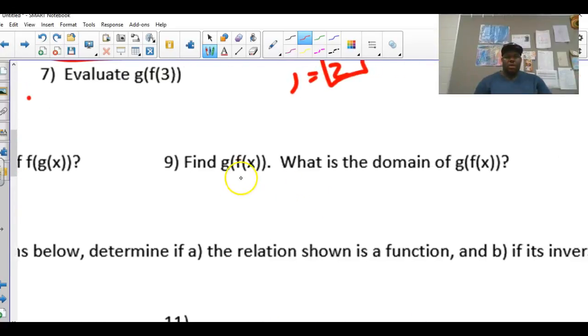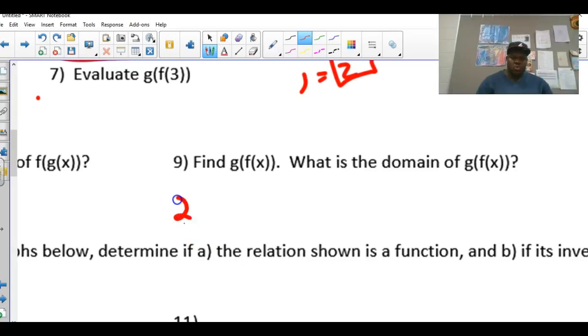Over here, g of f of x, meaning we need to take the function f and plug it into g. So the function g is 2x squared, right? Well, in place of this x, we're going to substitute the function f.